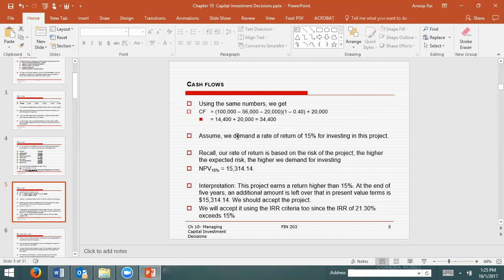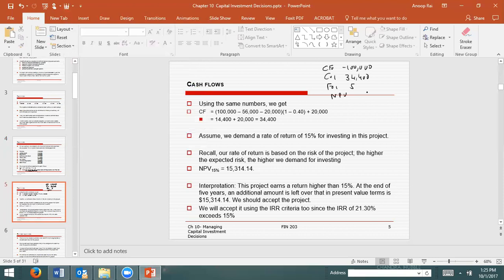Now let's try and do the net present value. Based on our chapter, we will use the cash flow buttons. Let me just refresh everybody's mind. For CF0, we'll put the minus 100,000 as our cash flow. For C01, we'll put 34,400. When it says how many, we'll say 5. Then we'll click on NPV.